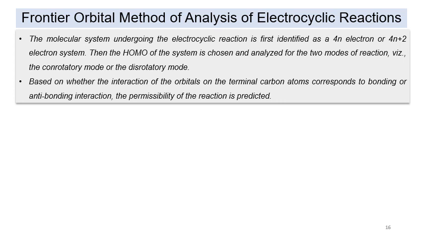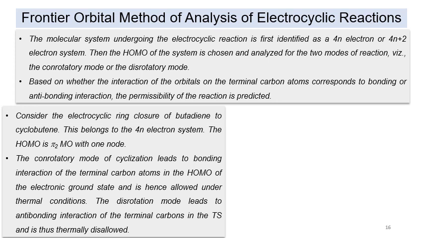Then we choose the HOMO of the system and analyze for two modes of reaction, that is the conrotatory mode or the disrotatory mode. Based on whether the interaction of the orbitals on the terminal carbon atoms corresponds to a bonding or antibonding interaction, the permissibility of the reaction is predicted.